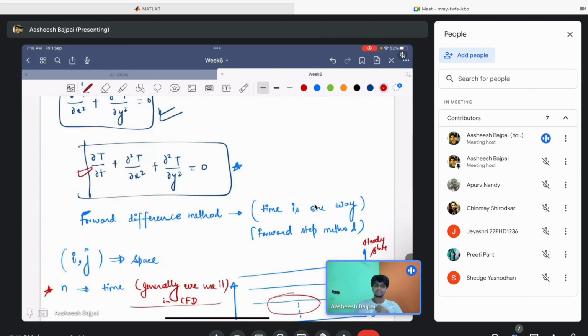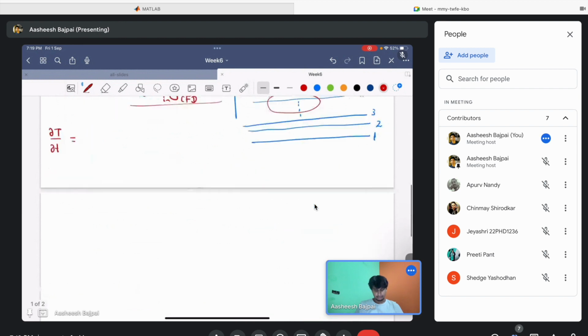So as we discretize the time, our space domain will remain constant, because in the partial differential, T is a function of x, y and t, suppose, and if we are using this, then these will remain constant. So I am using this in my time discretization.